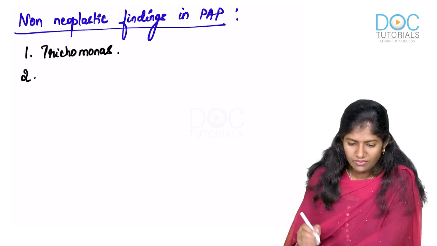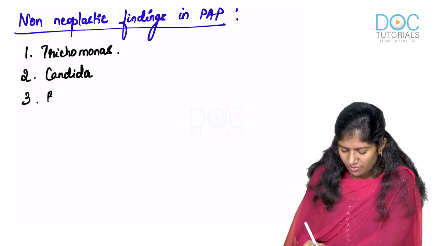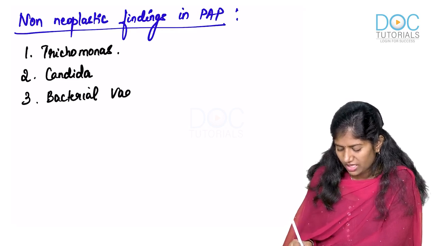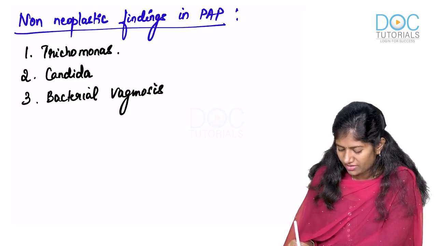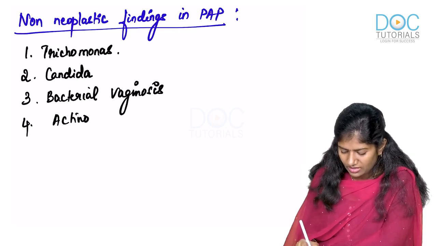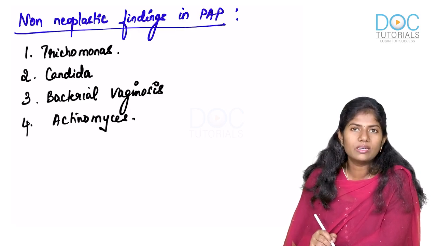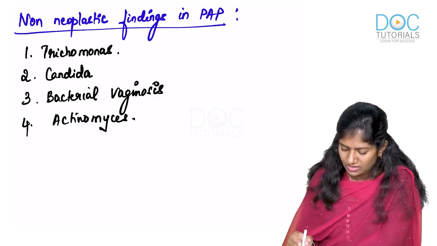Pap can diagnose infections with Candida, infections with bacterial vaginosis, that is infection with Gardnerella vaginalis. It can diagnose infection with actinomyces. Okay, Trichomonas, Candida, bacterial vaginosis, actinomyces.